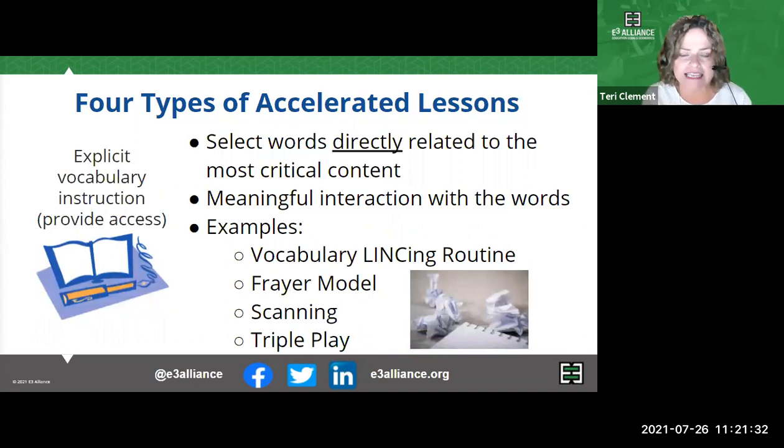And then finally, that explicit vocabulary instruction. I would say a really important strategy here is to select the words directly related to that most critical content and really plan for meaningful interaction with the words. We don't really want students to passively look up words necessarily.